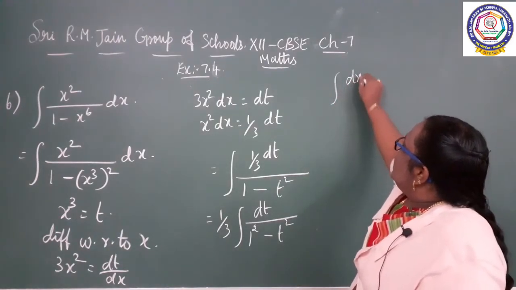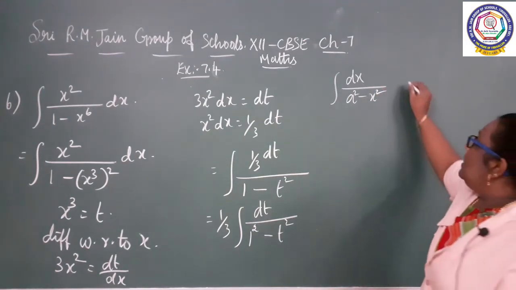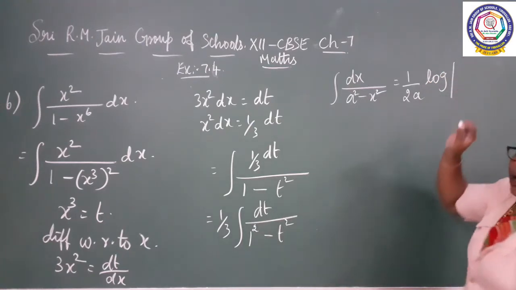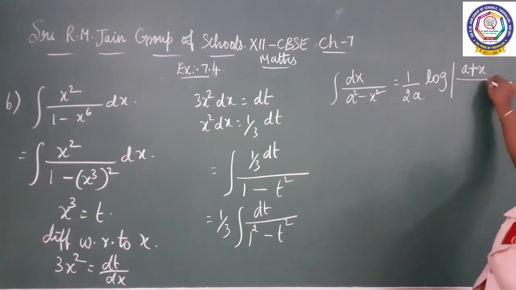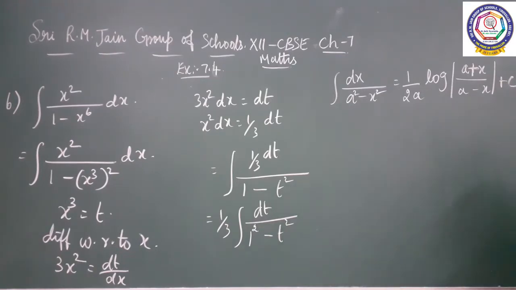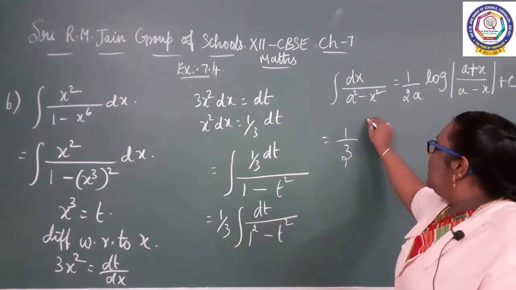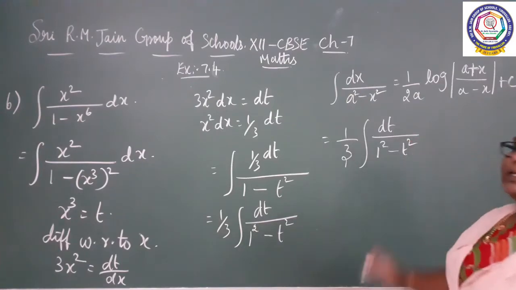Integral dx by a square minus x square equals 1 by 2a log of modulus of a plus x by a minus x plus c. So it gives 1 by 3 integral dt by 1 square minus t square.